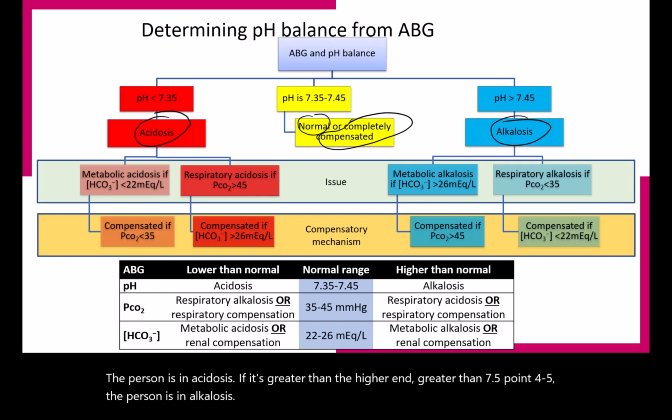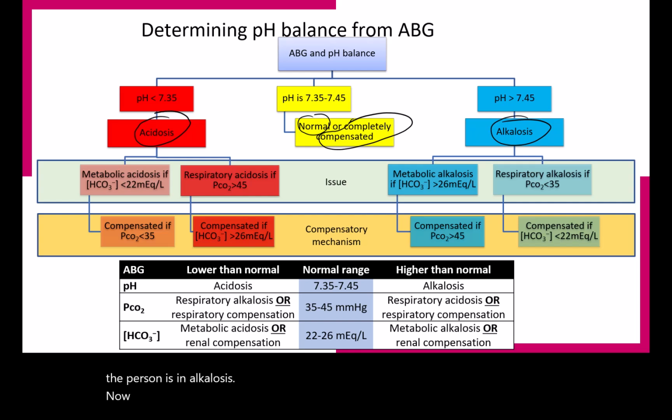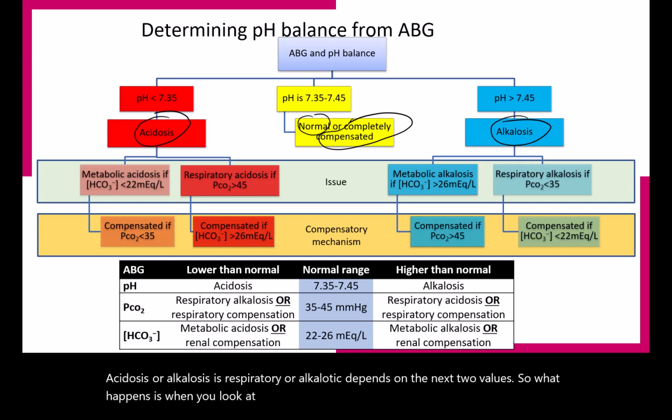Now, whether acidosis or alkalosis is respiratory or metabolic depends on the next 2 values. When you look at the next 2 values, if one is in the same direction as the pH, then that is the cause.